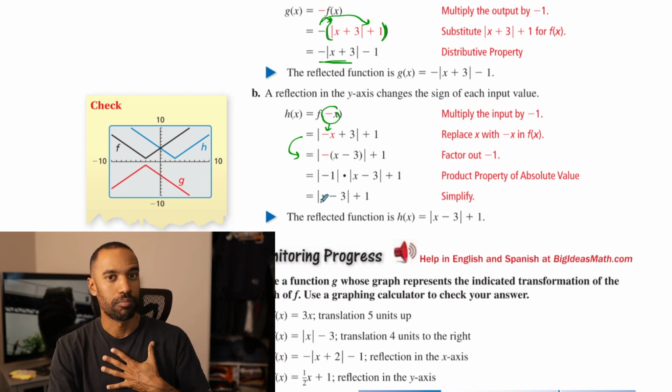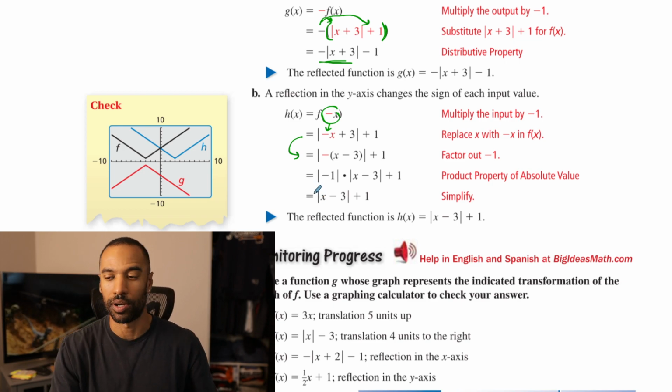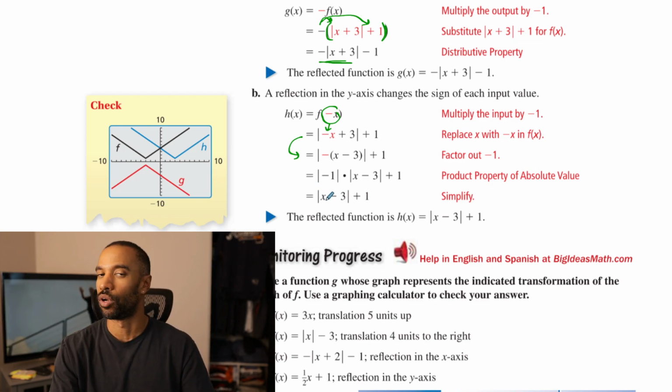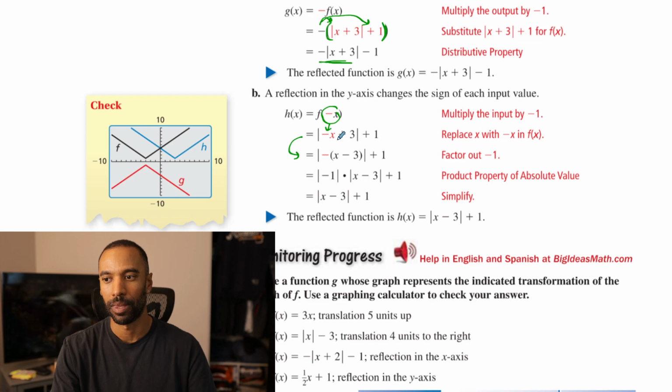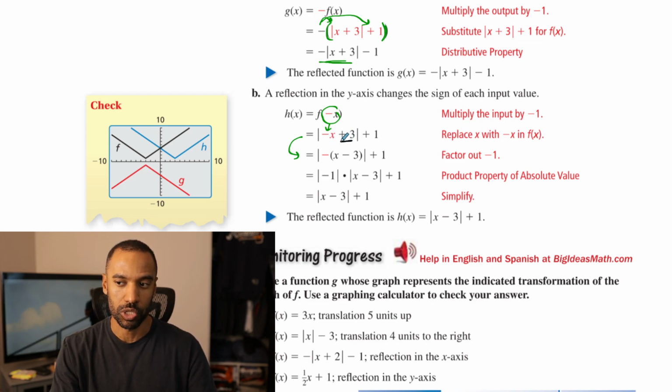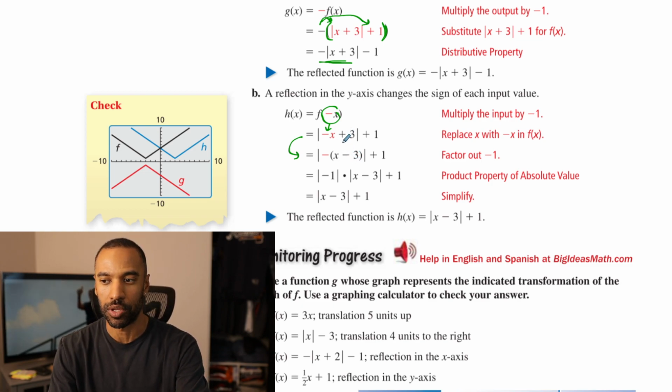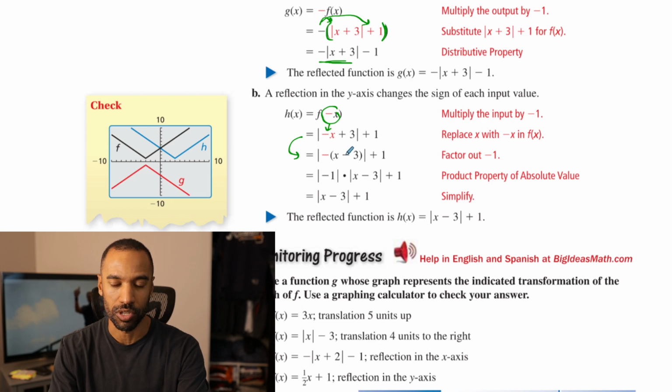For my things, you don't want it to say 2x or anything. You just want it to say x. There are a lot of reasons for it, and it has to do with your idea of what the actual vertex is and horizontal translations and things like that. That being said, when you factor out the negative, what happens to this plus 3 is it becomes a minus 3. Speaking of horizontal translations, you thought of translating 3 units to the left? No, you actually go 3 units to the right.